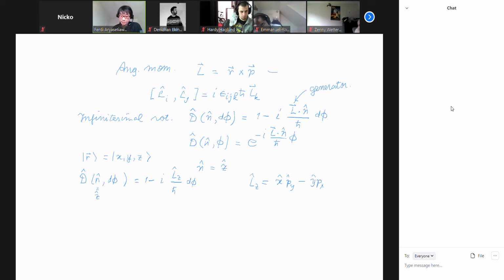It's from this one here. Yes, we are looking at the z component of that. It's just given by this operator. Okay, so now we apply this to this state here. So that's an arbitrary state.